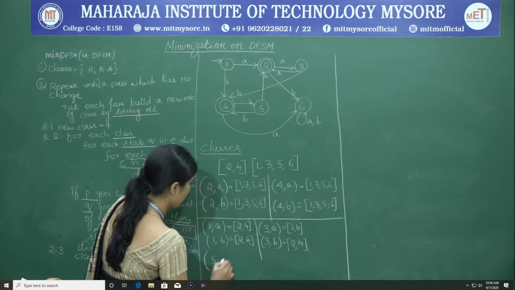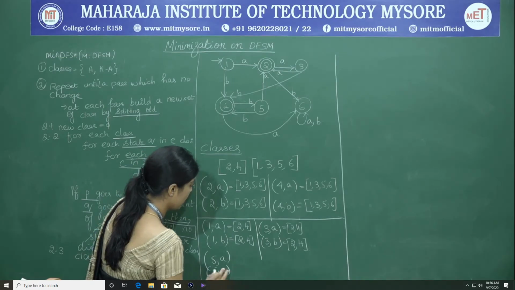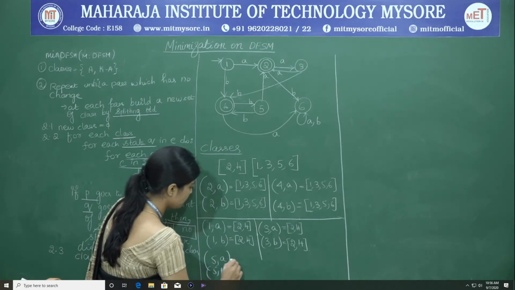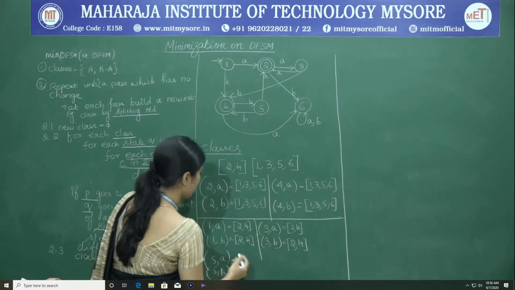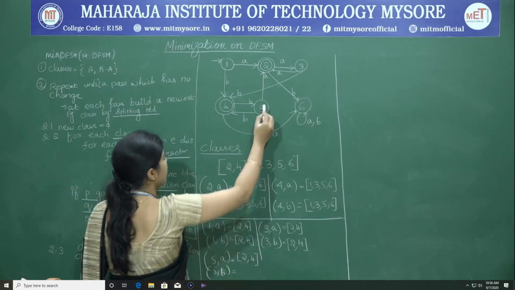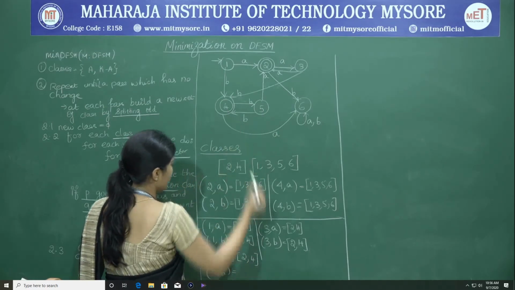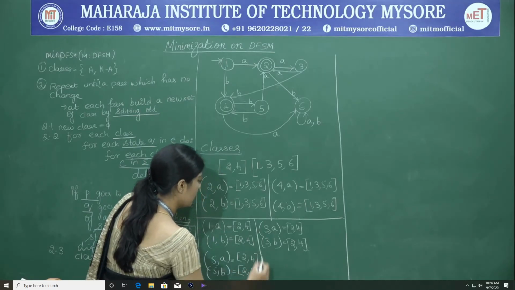Next we pick up 5 and find out the transition on A and the transition on B. So 5 on A is going to 2, 4. 5 on B, 4 is there, so the class is 2, 4.